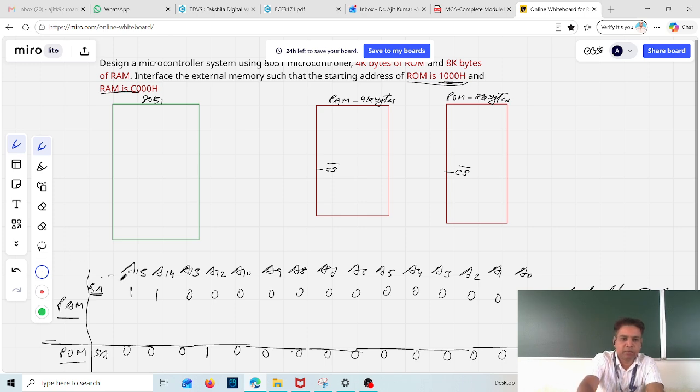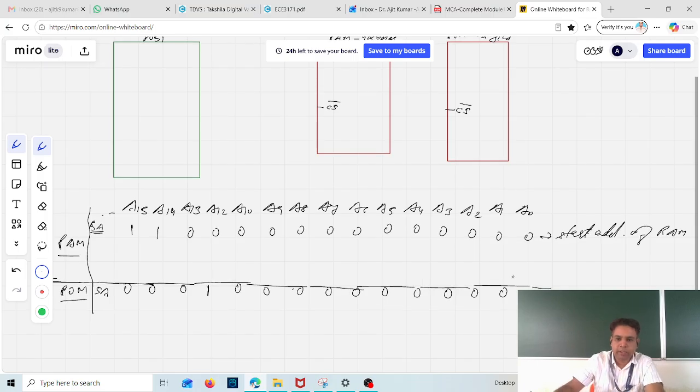This is the starting address of the ROM.